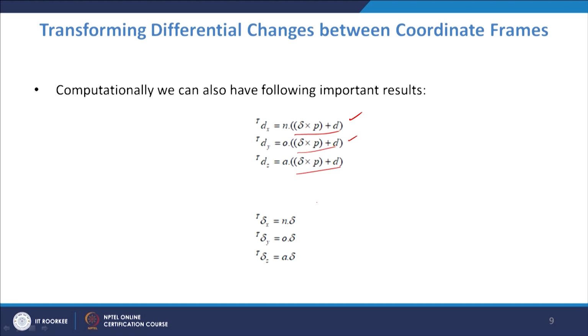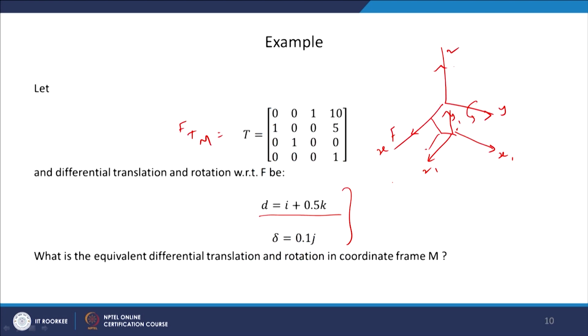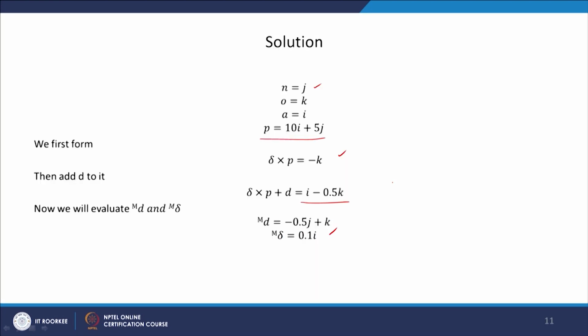This formula is between two coordinate frames, the F frame and M frame, and the differential changes. But if you have a chain of transformations in between, then how to do it, that we will see now.